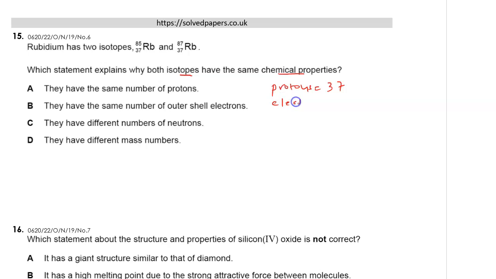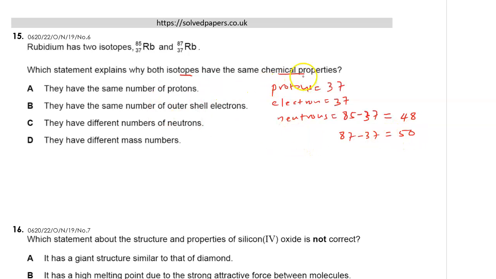The number of electrons is also 37. The number of electrons is always equal to the number of protons. The number of neutrons for one is 85 minus 37, which will be 48, and the other one will be 87 minus 37, which is 50.